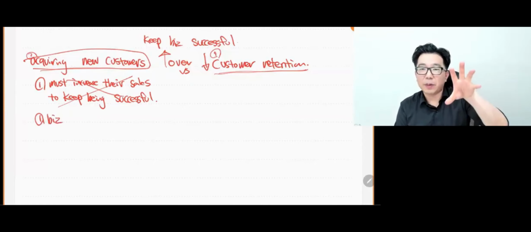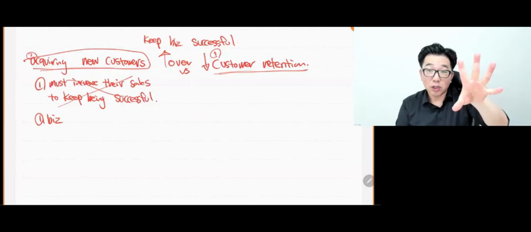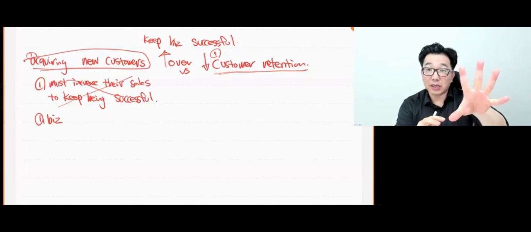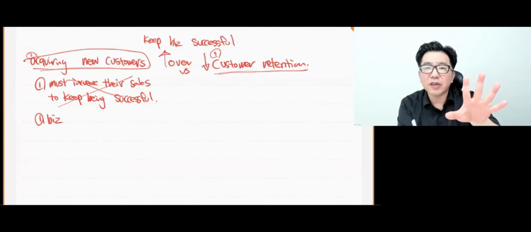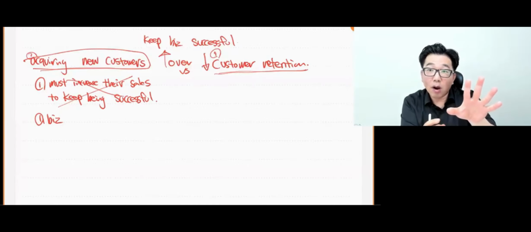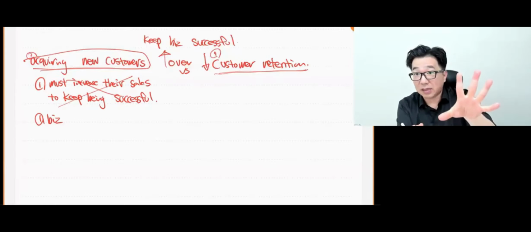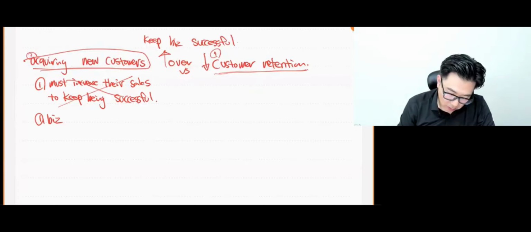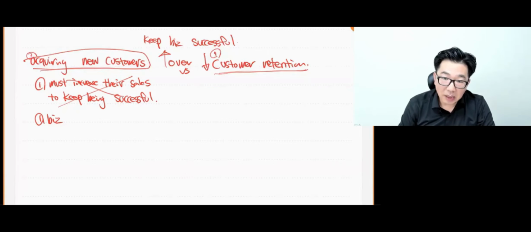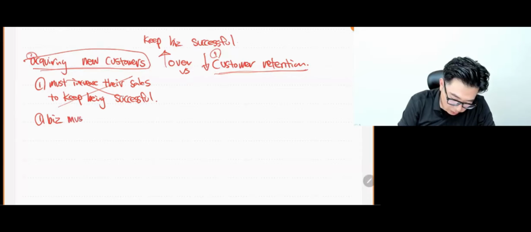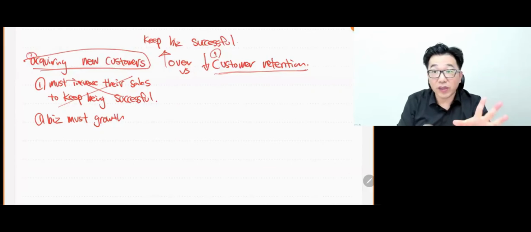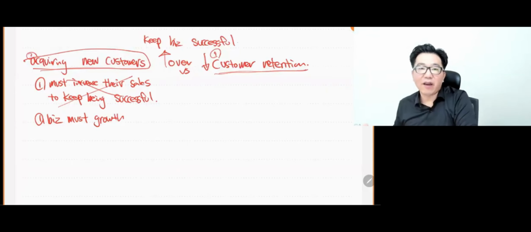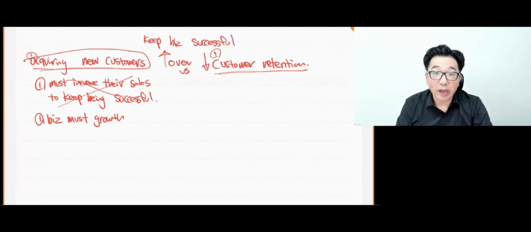I'm going to purposely make it a little bit more conceptual and general. So I can work from my topic sentence to make it a little bit more specific, and then make more sentences out of my topic sentence. Okay. So I will say, same meaning, business must create more sales, same meaning, must grow. Then I can define what growth is in business, and then I can develop it step by step. It's a clever way, right?